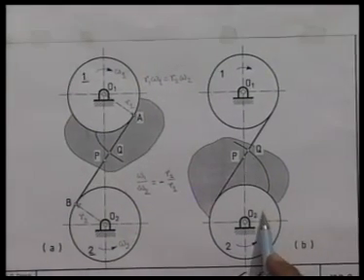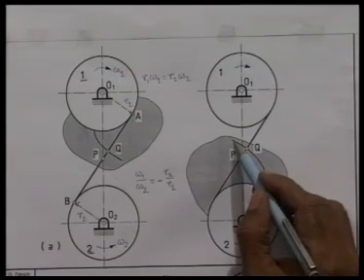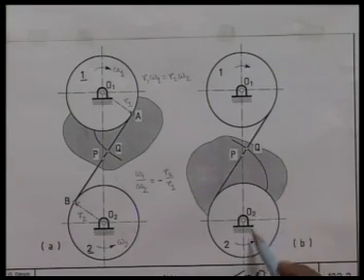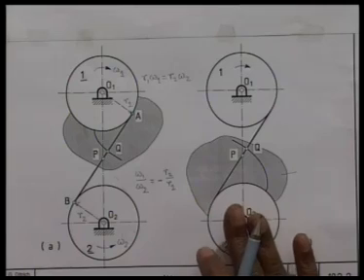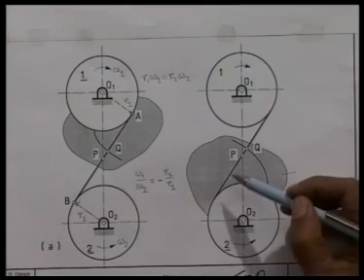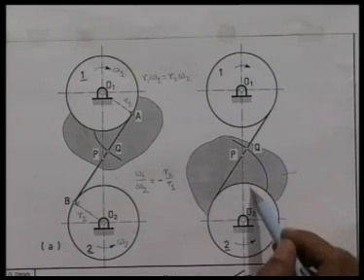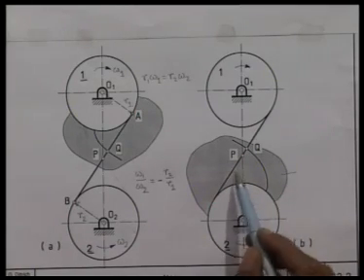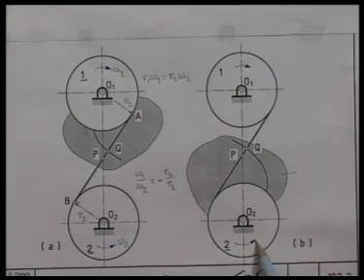Using exactly similar logic, we can say the same pencil attached to Q will generate this involute on this body. This is an integral part of pulley 2. This is rotating in the counterclockwise direction. So, if we hold body 2 fixed, then the string which is winding on this particular cylinder should wind up in the clockwise direction, because this was not having any rotation, this was rotating in the counterclockwise direction.